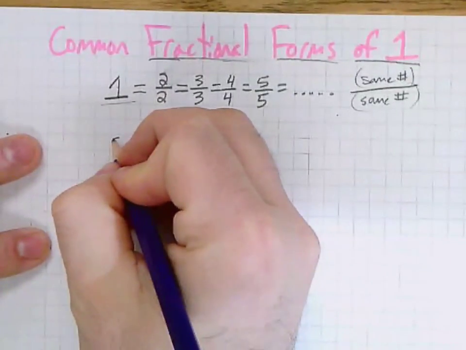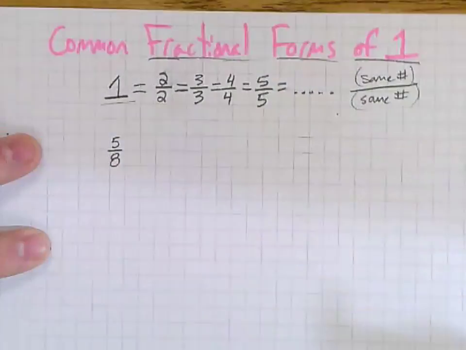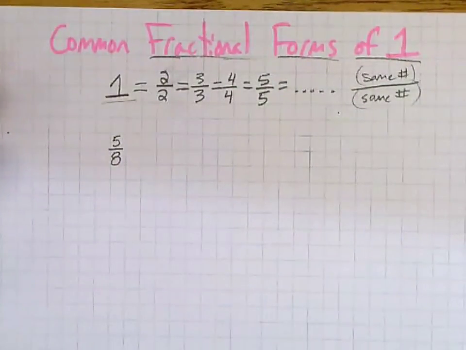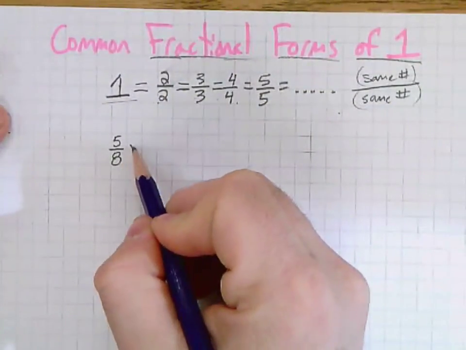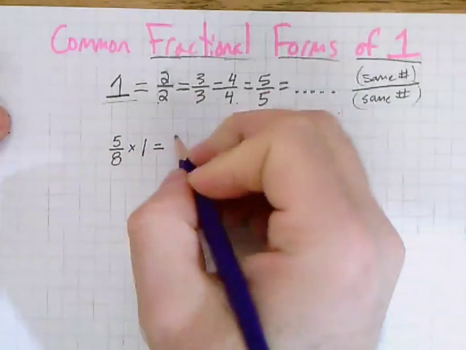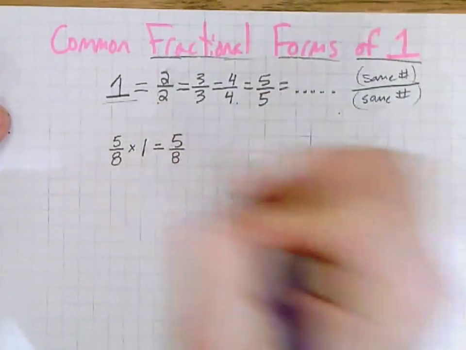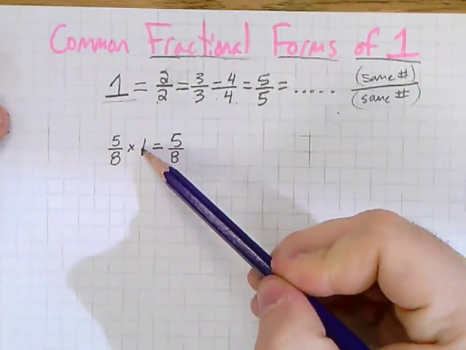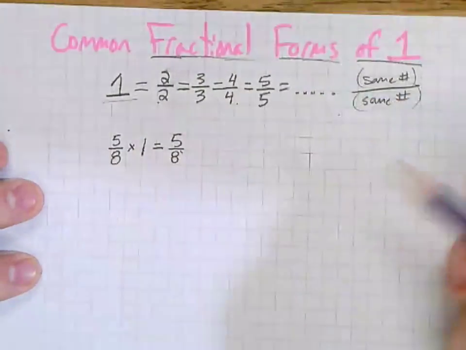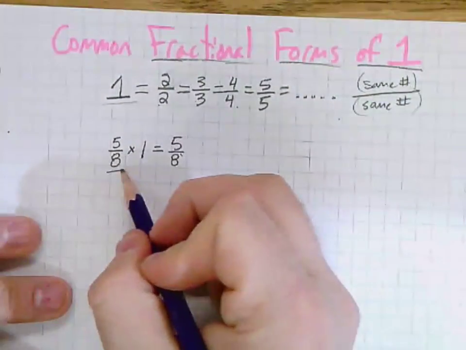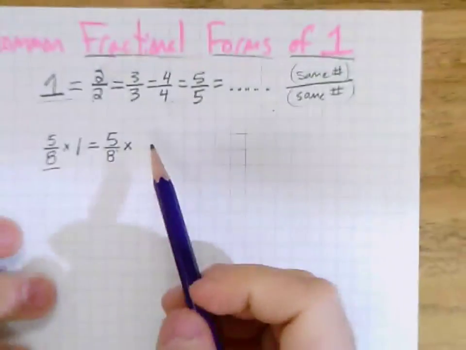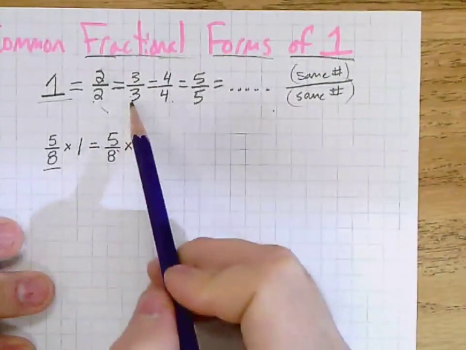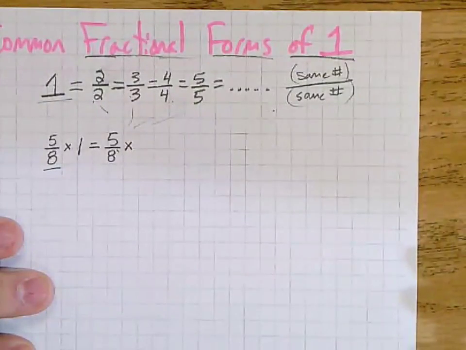When we are asked to find an equivalent fraction to say something that's kind of weird, like 5/8, you can use any of these fractional forms of 1, and as we know, multiplying by 1 doesn't change the value of 5/8. If I multiply by 1 whole, it doesn't change the appearance either. But if I want to find an equivalent fraction to 5/8, I would start with 5/8 and I would multiply it by, pick any of these that you feel like.